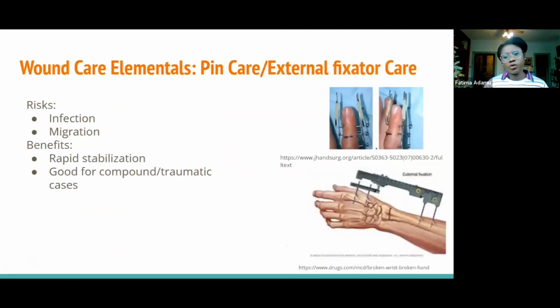One of the surgeons I work with, another surgeon, has treated some injuries in Ukraine, I believe. And so I asked him what he thought it would be helpful for therapists to know. And he mentioned taking care of pins or external fixators.